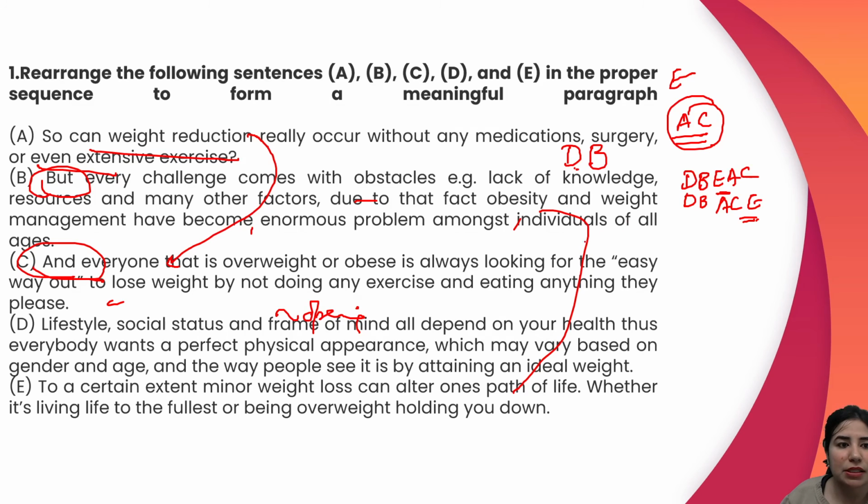So if we place C: everyone that is overweight or obese is always looking for the easy way out, by not doing any exercise and eating anything they please. To a certain extent, minor weight loss. So if you see weight loss, easy way out, we have come to a solution and then we are talking about weight loss. So after C, placing E would not bring the discussion to a logical end. Hence, we will go for the final combination as D, B, E, A, C.